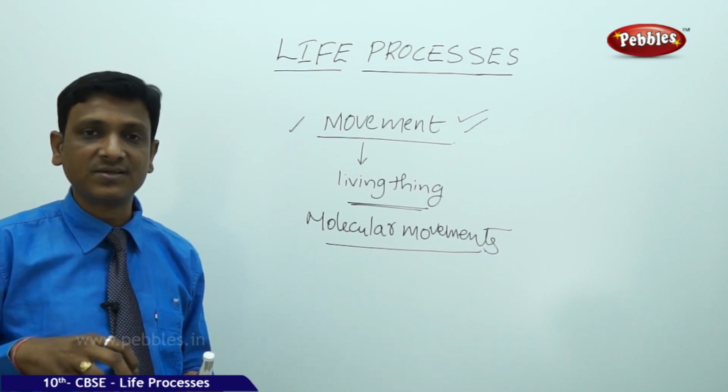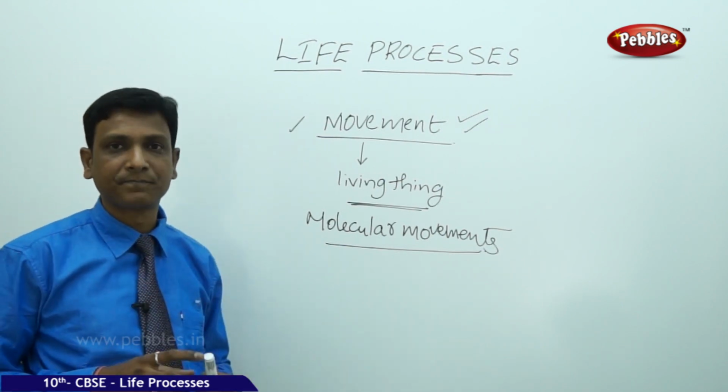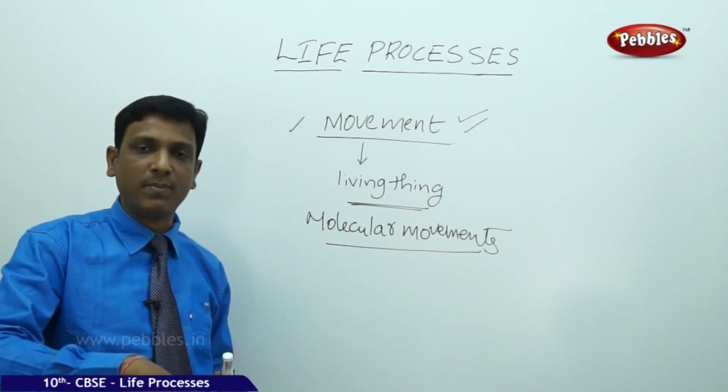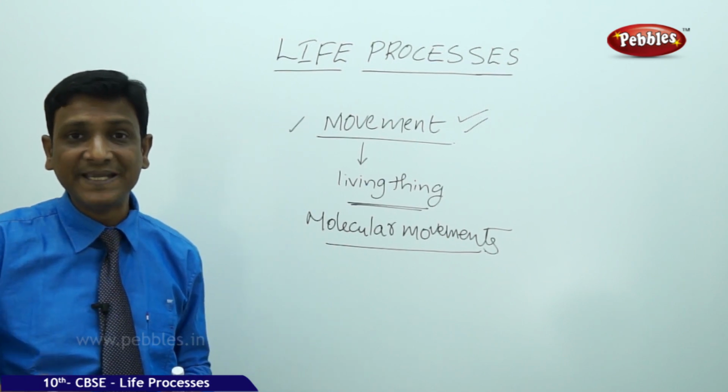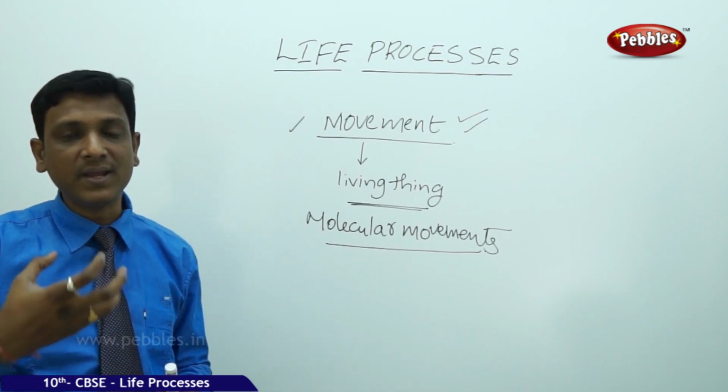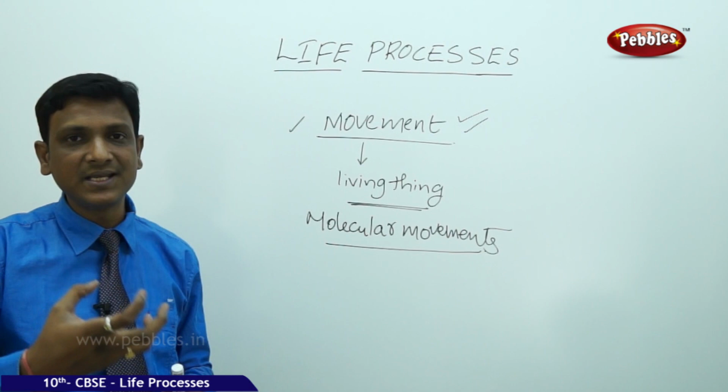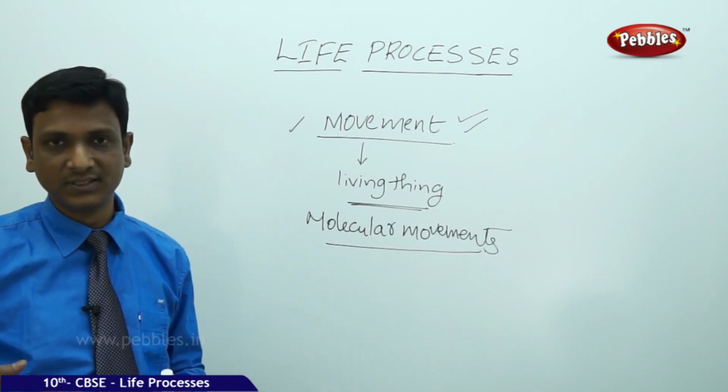So this kind of system exists in living things. This is achieved by various processes. What is achieved? The maintenance. The repair and maintenance of these structures keeps on going in a living system.